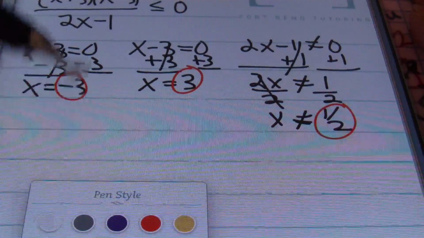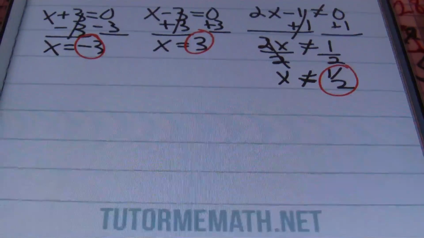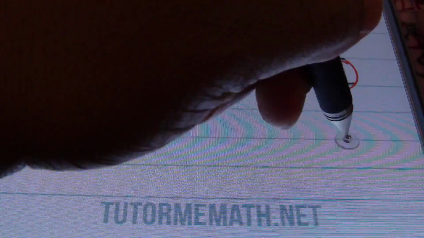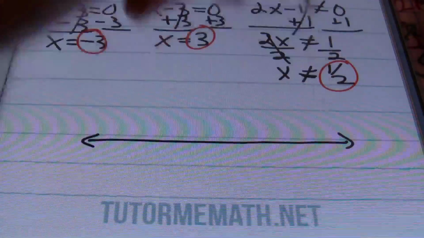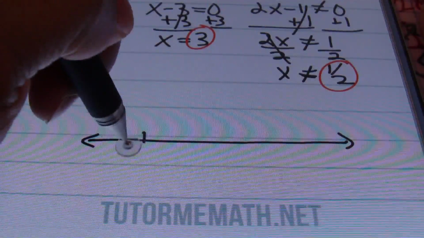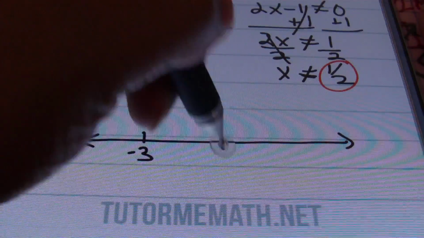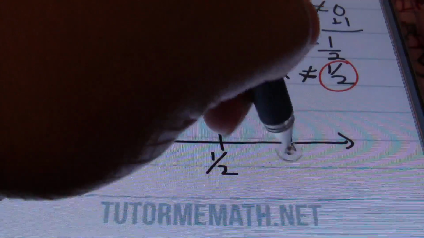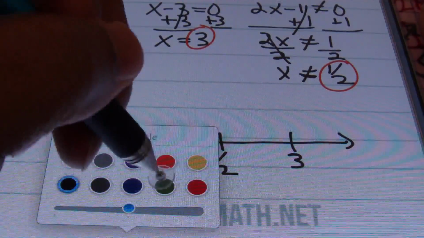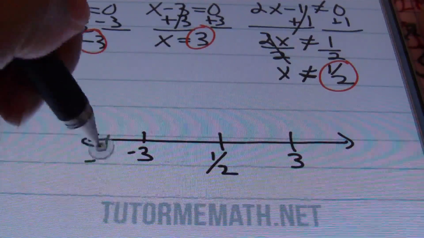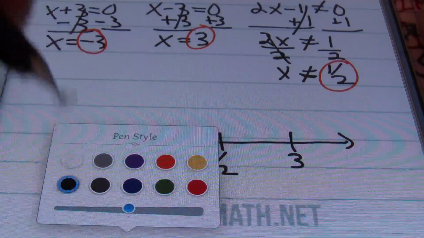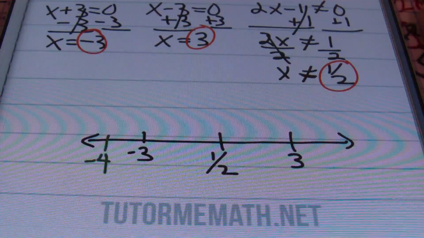Now I'll be coming up with my sign chart for my result. So looking at my sign chart, I'll have my number line. On it, I'll have my 3 critical values, negative 3, 1/2, and positive 3. I'll also need to have a test value. So I'm going to use -4 as my test value. And of course, I'll have my factors.